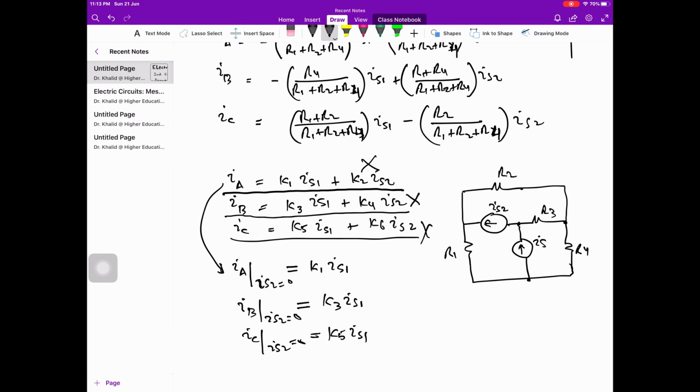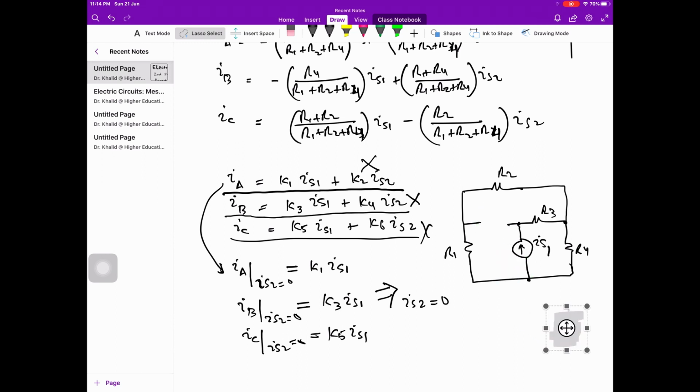So what is the meaning of this? I am saying that when IS2 is equal to 0, in the circuit diagram, it means that I am considering no current over here. The current is 0. For this assumption, I have to remove this current source.